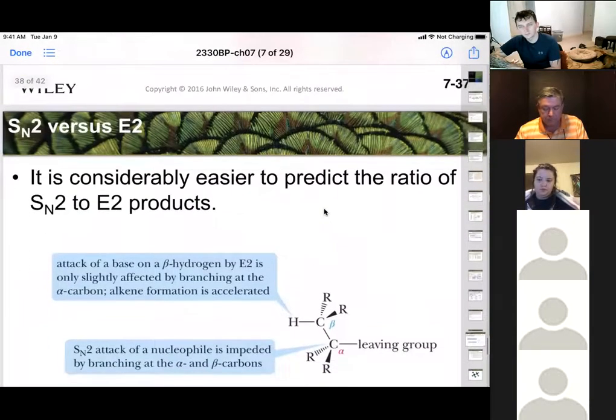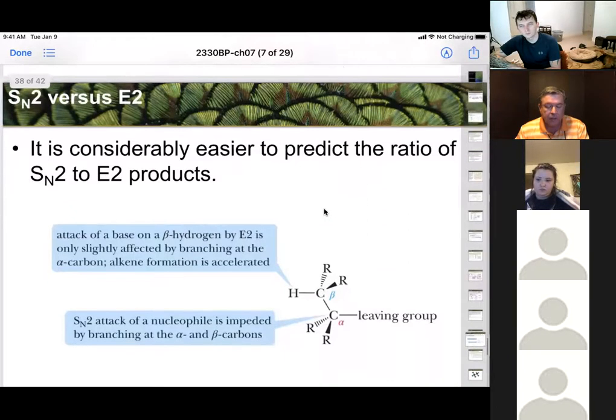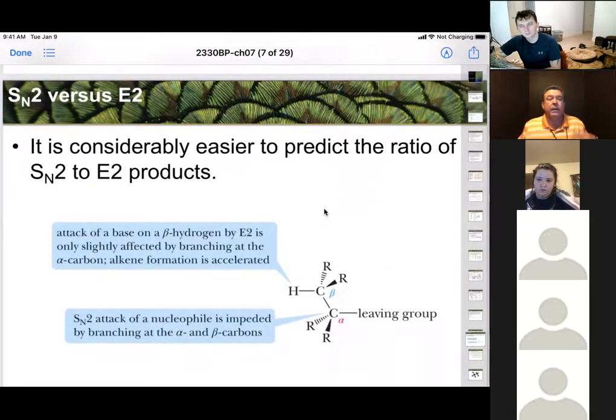Okay, so another thing in our E2 is the fact that because we have the base coming in, tugging on the hydrogen on the beta carbon and the leaving group on the alpha carbon, they have to be oriented correctly such that we can make this happen.